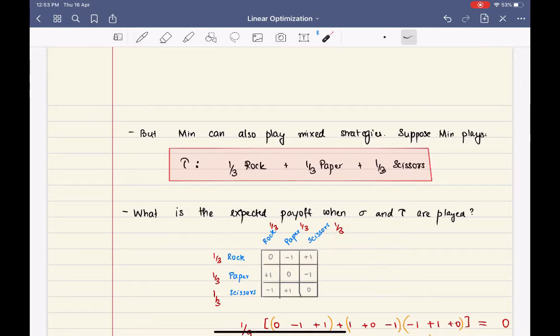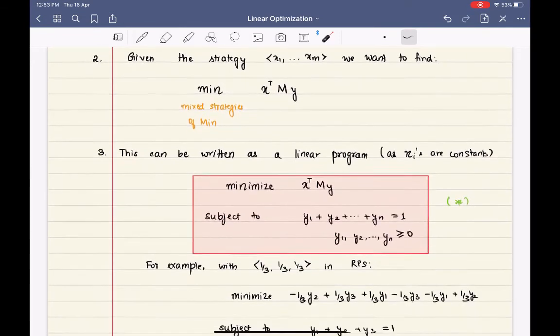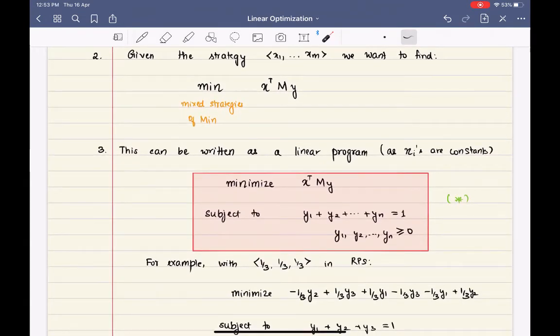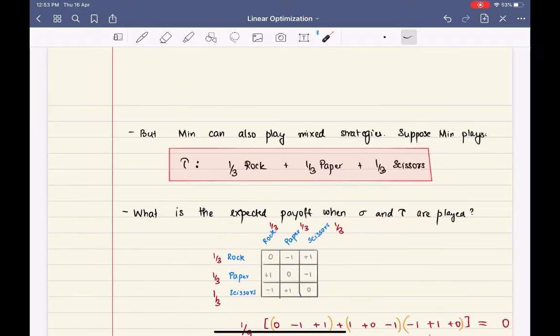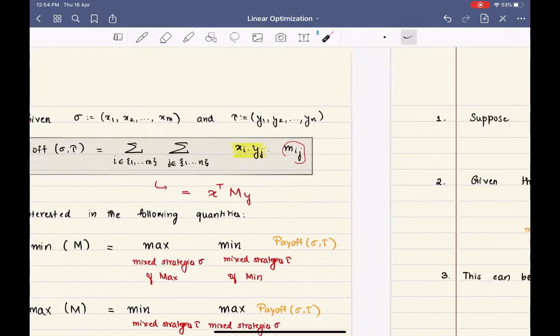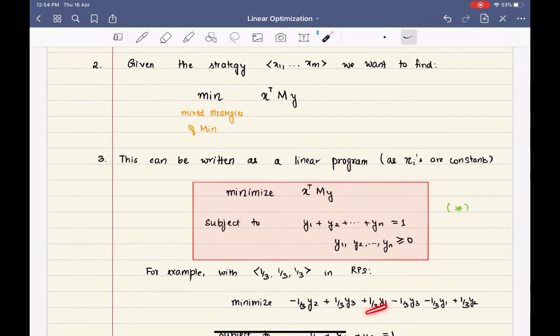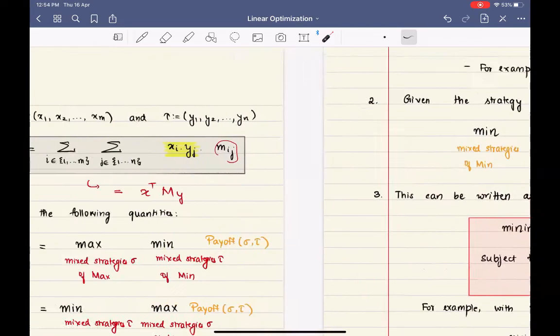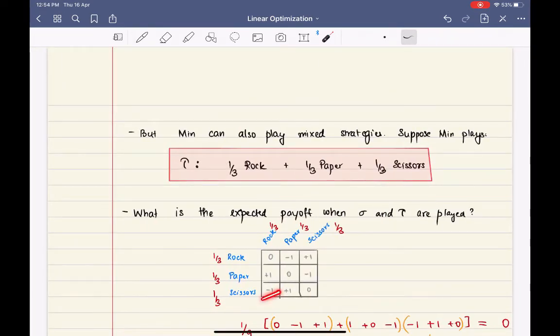So this will be minus 1/3 y2 plus 1/3 y3, then plus 1/3 y1 minus 1/3 y3, and similarly you should write the third row, that will be minus 1/3 y1 plus 1/3 y2.